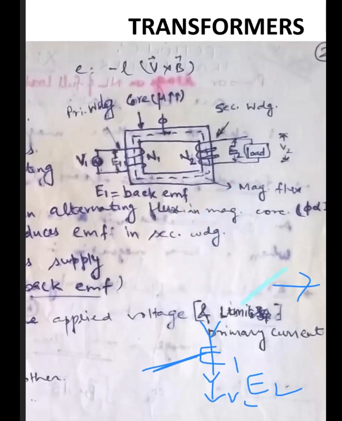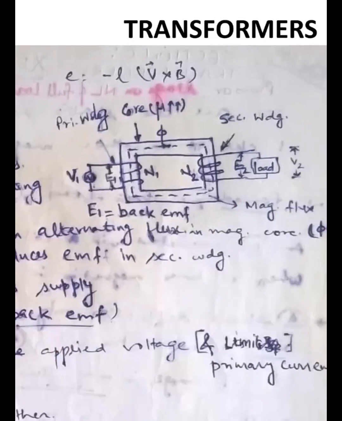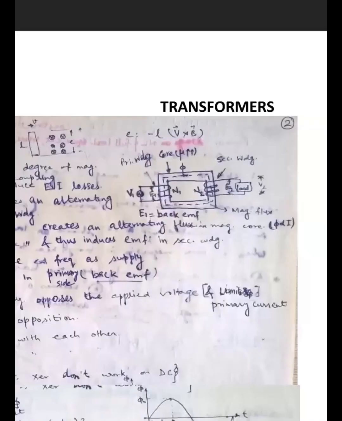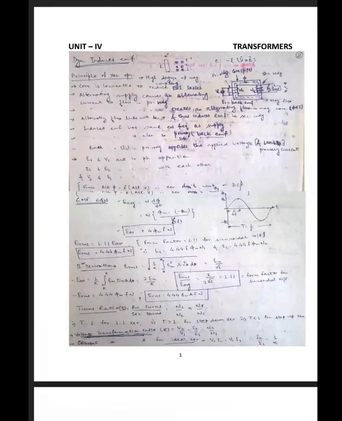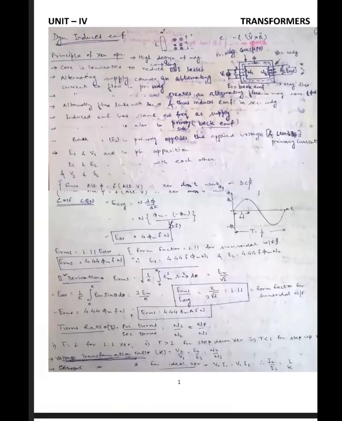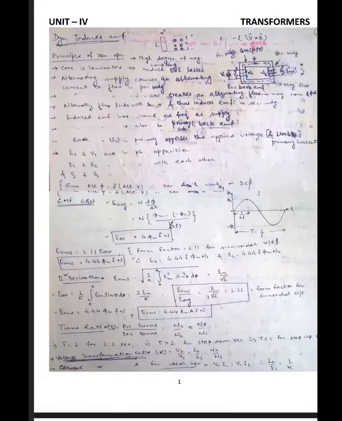Okay, so what happens here is that the windings are tightly coupled, and to reduce the eddy current losses, an alternating voltage is supplied which causes the alternating flux to flow. This flux flows on the mean path of the transformer core in the center.